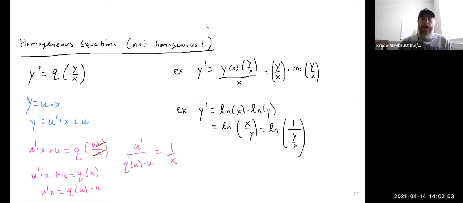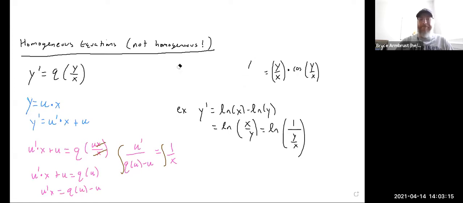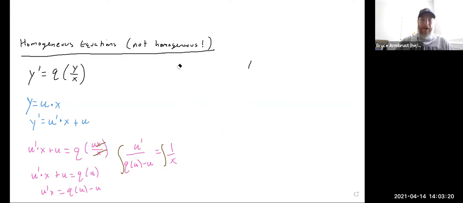And at this point, we know what to do. We're going to integrate, and then we're going to find u. Well, the point of this is same thing as before. By doing a little trick, we're able to make it separable, which means we can actually solve these things.